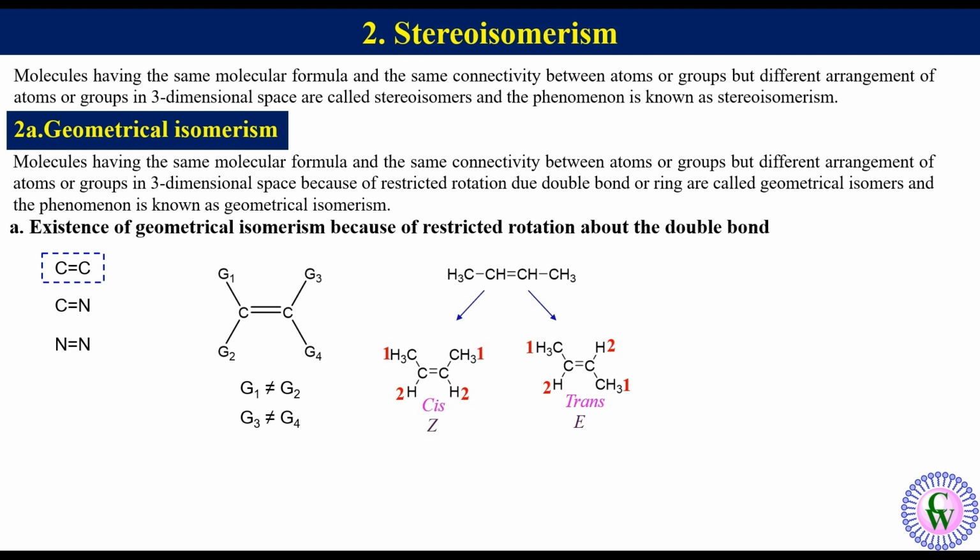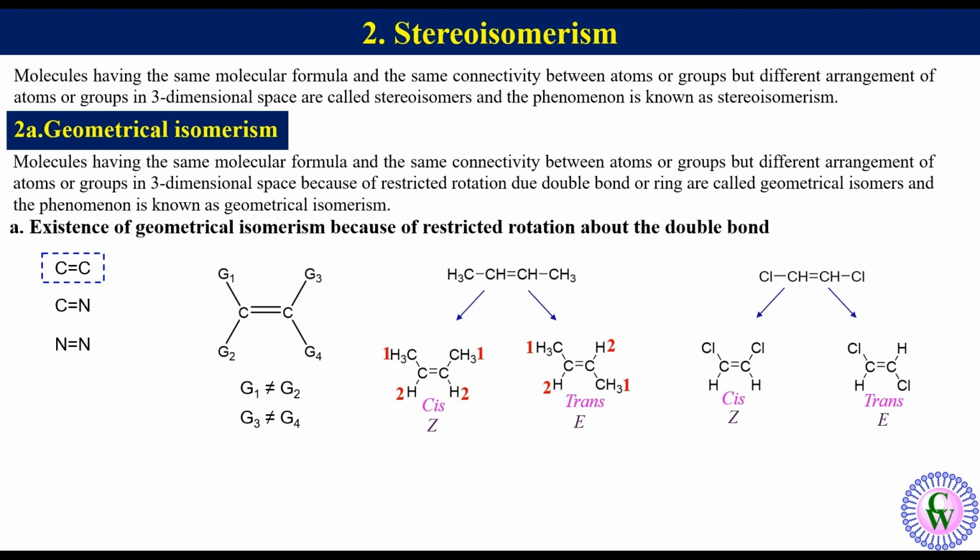Similarly, 1,2-dichloroethene has two geometrical isomers, one with two chloro on one side and two H on the other side of the double bond called cis form or Z, and the other with similar groups on opposite sides of the double bond called trans form or E. Cycloalkenes with an 8 carbon ring or greater have stable geometrical isomers.